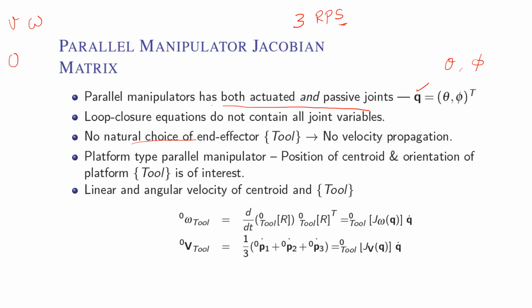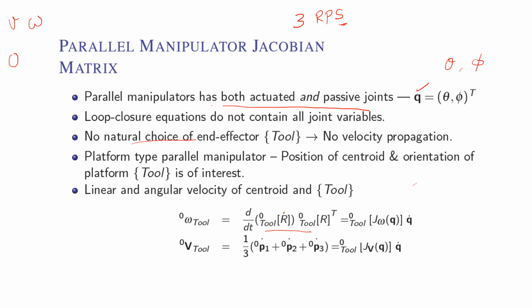Given the orientation of the top platform, and if we choose the centroid as the point of interest, the angular velocity of the top platform or the coordinate system can be obtained by this expression, that is r dot of the tool frame relative to the zeroth frame, times r of the tool frame relative to the zeroth frame transpose, right?